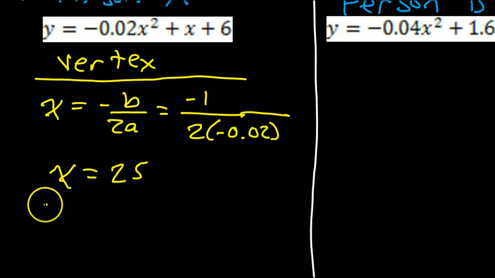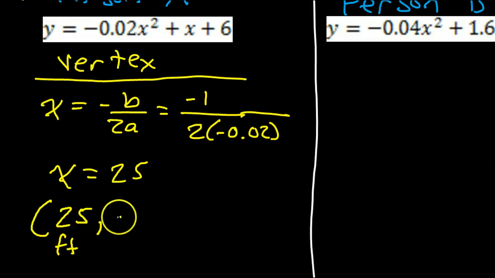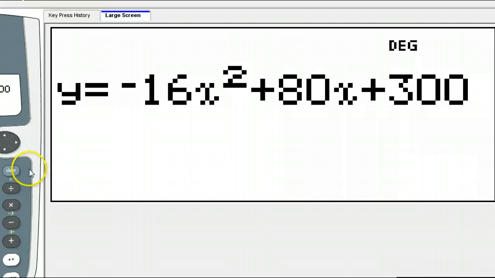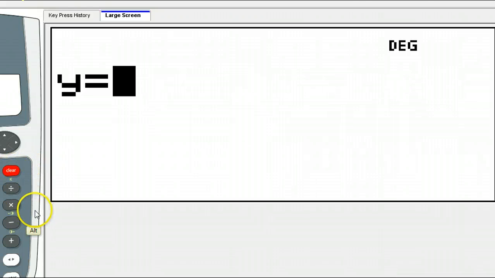So that tells me that so far I have 25 feet. Alright, that's the horizontal distance. Now if I want to find the height that goes with this horizontal distance, I need to put the equation in my calculator and find the y value that goes with it. Essentially I'm plugging in 25 for x, but I'm just using the calculator to help me. So I'm going to use my table feature here.